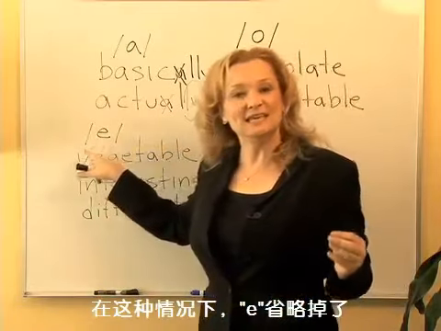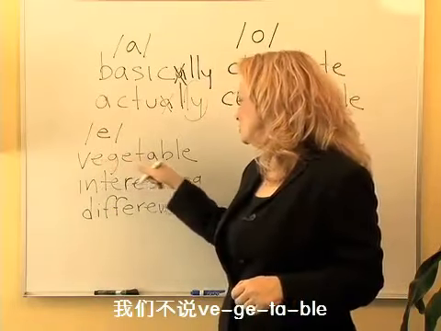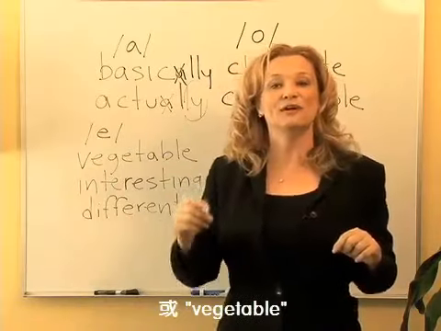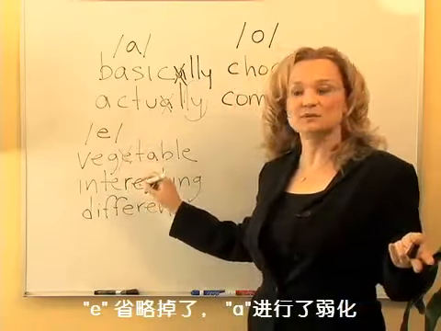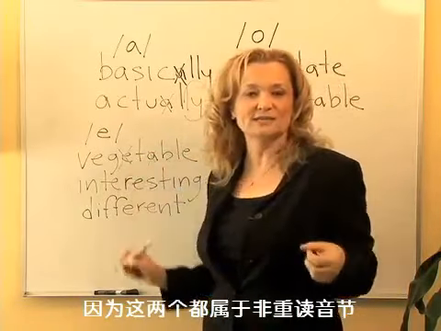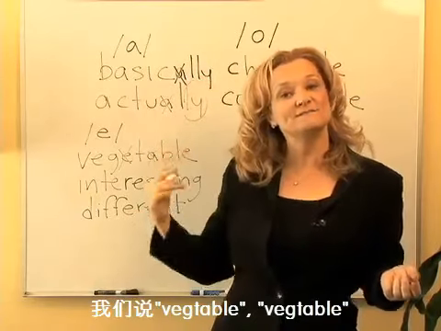Let's look at a few more words where these strange disappearing syllables occur. In this case, the E is dropped. We don't say vegetable. A lot of my students say vegetable or vegetable. This E disappears, and this A is reduced because it's part of the unstressed syllable, and we say vegetable.